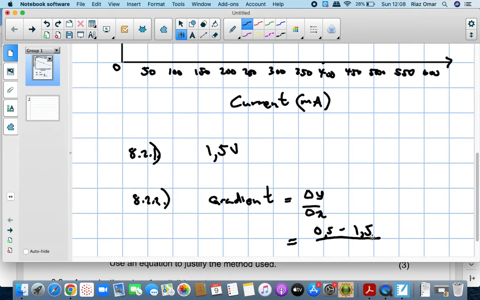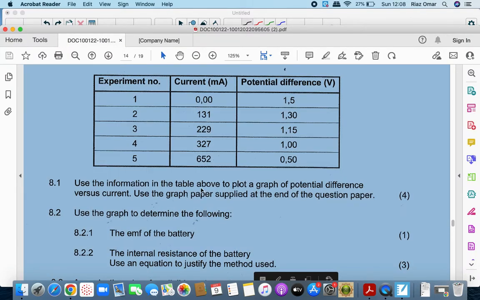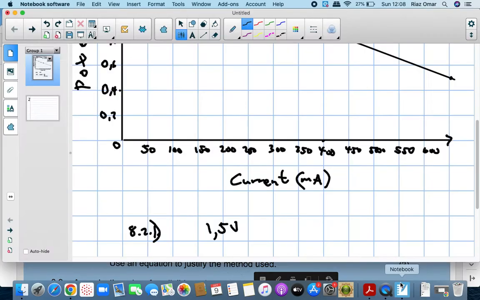And then if you look at the current there, it will be 0.625.